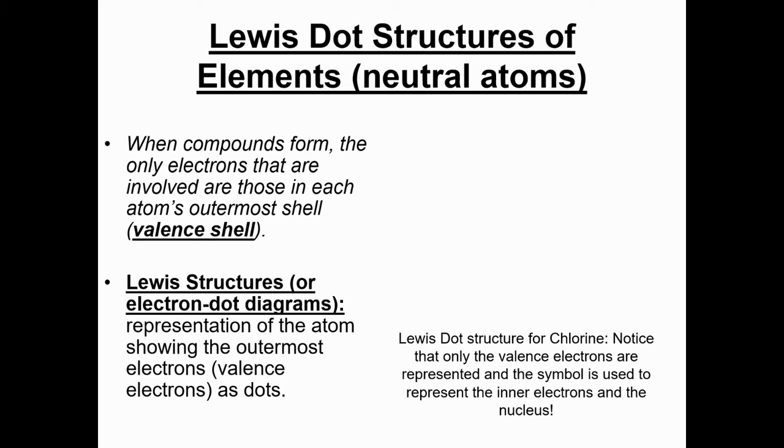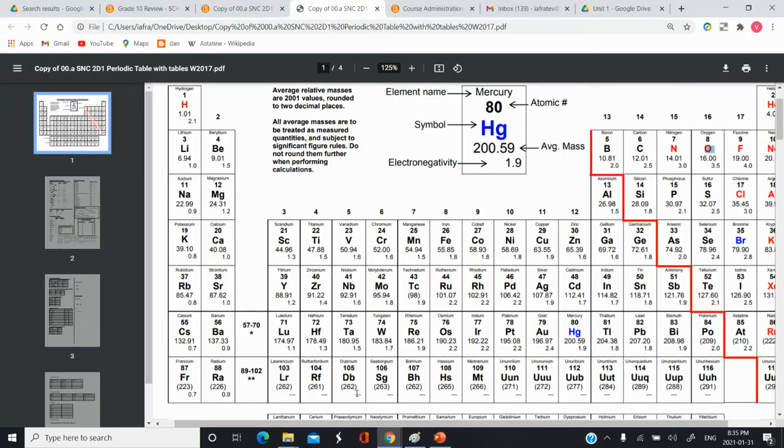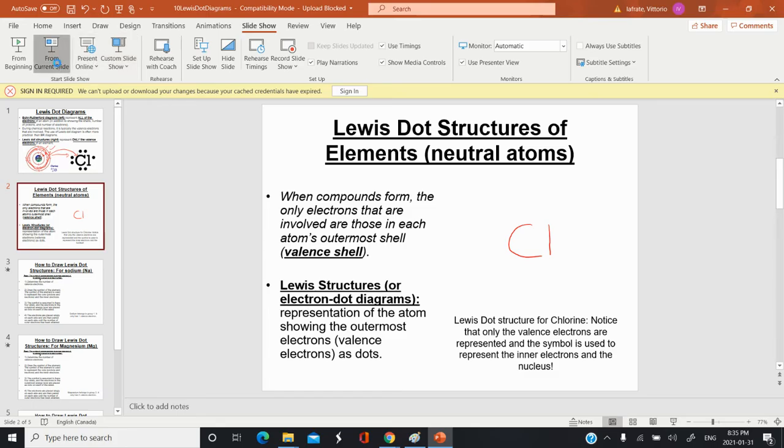So we're going to do an example for chlorine. It was already done in the previous slide, but just to show you how I would go about drawing it, I would draw the symbol for chlorine first. I would find what group chlorine is in. It's in group 17. Let's go back to our periodic table to make sure it's correct. So chlorine right here, group 17, which means it has 7 valence electrons.